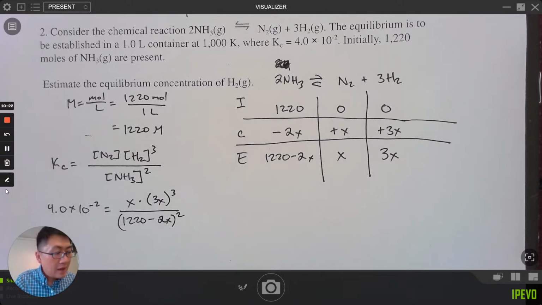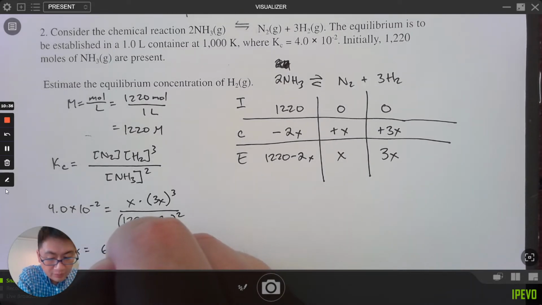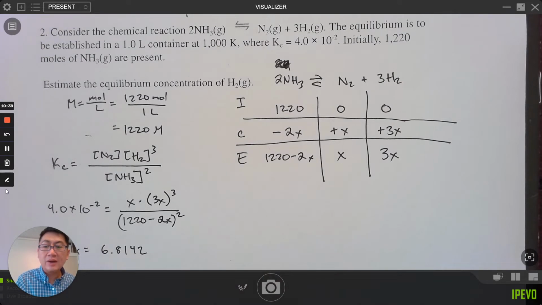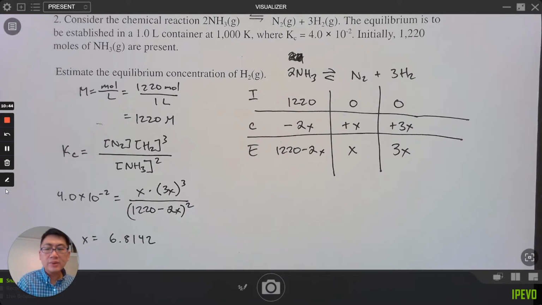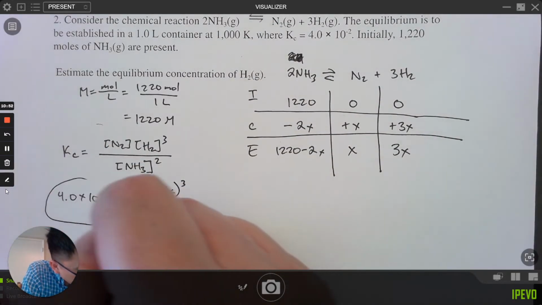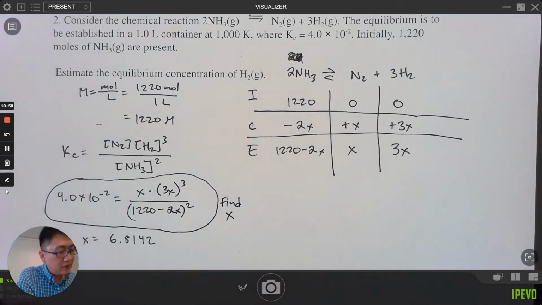I'm just going to write the answer of what x is right now, but I will show the work towards the end. x is 6.8142, because I've already done it, but I will do the work afterwards. So I found x.